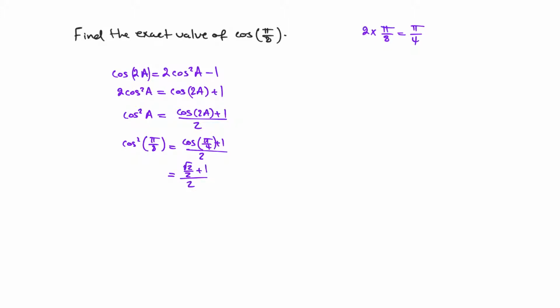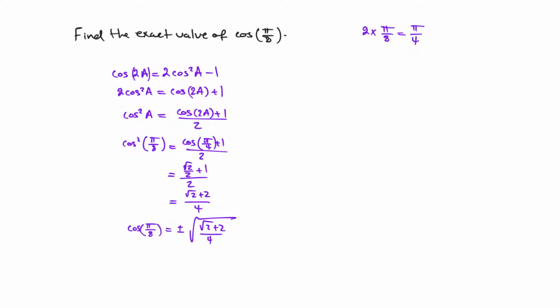I'm just going to simplify this, and I get root 2 plus 2 over 4. I'm going to take the square root of both sides, and I get cosine of pi over 8 is equal to plus or minus the square root of root 2 plus 2 over 4.